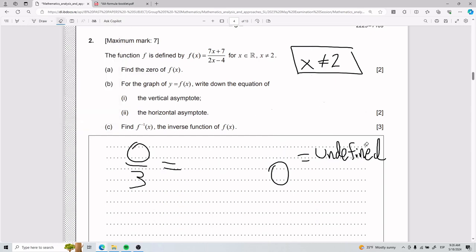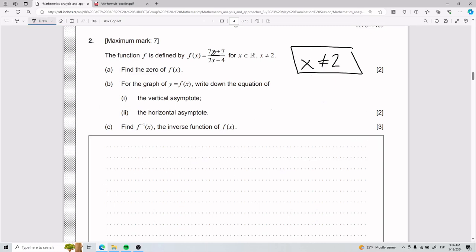So why can x not equal 2? It cannot equal 2 because in the denominator, basically this whole thing cannot equal 0. And so 2x minus 4 cannot equal 0. And if you get x alone from here, 2x cannot equal 4, divide by 2 to both sides, x cannot equal 2.